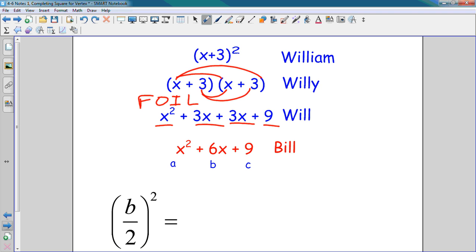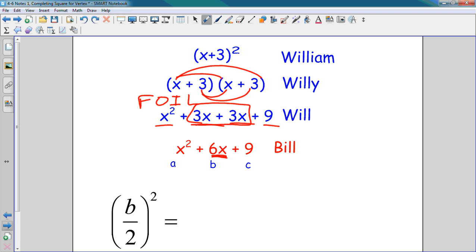And I got Will, didn't I? How did I get from Will to Bill? Did I FOIL? No. I combined my like terms. I took 3x and added it to 3x and got 6x. I just combined these two. They all mean the same thing, all written differently, and they look completely different for the most part.